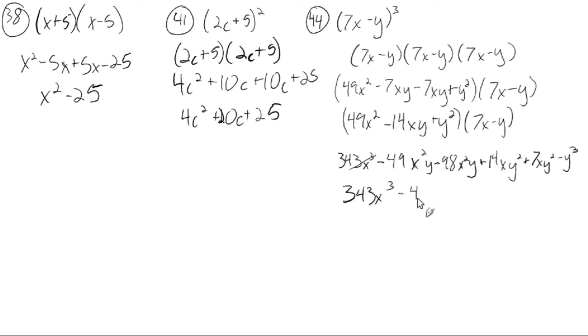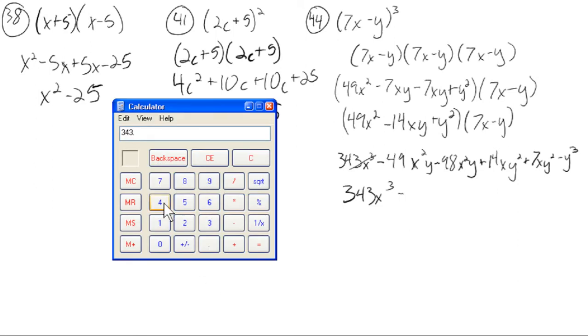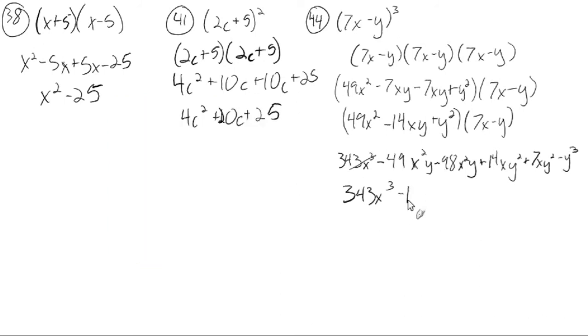And let's see, negative 49 and negative 98. Let's just do that real quick. 49 plus 98, and we'll make it negative, negative 147. Negative 147x squared y. And 14 plus 7, that's 21xy squared minus y to the third.